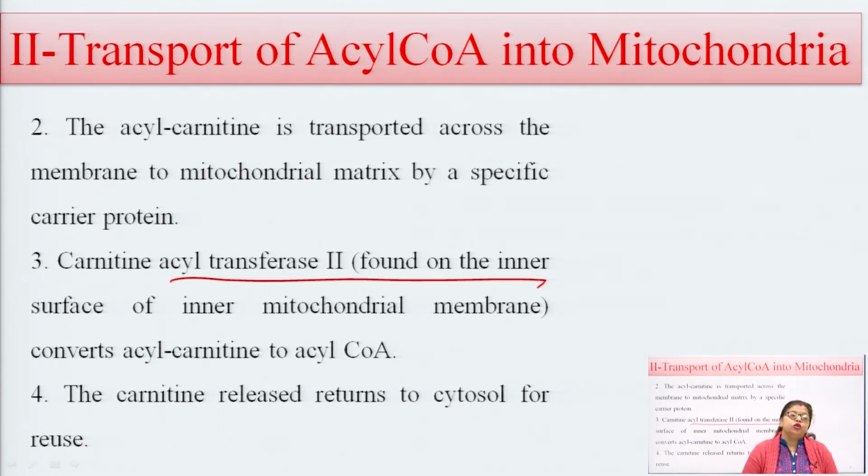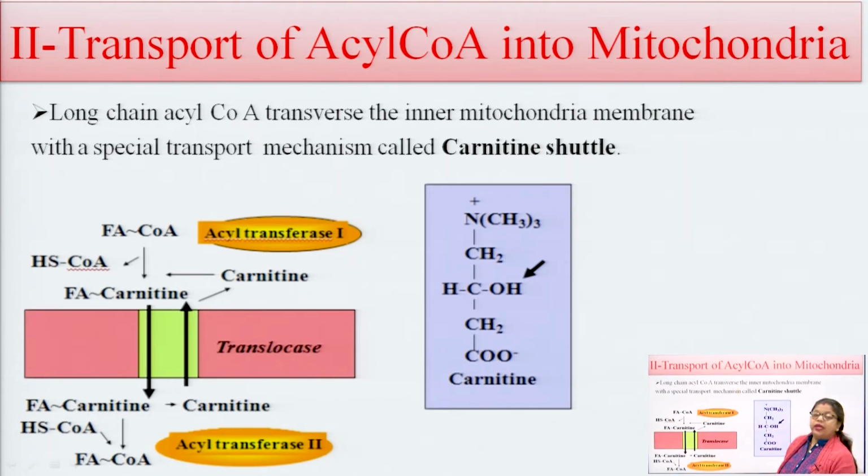That is why we use carnitine as a carrier for the transport of the acyl group of activated fatty acid from the cytosol to the inner mitochondrial matrix. This is also clear because long chain acyl coenzyme A is transported from the cytosol to the inner mitochondrial membrane by a special transport system, known as the carnitine shuttle, which helps transport the acyl group of activated fatty acid into the mitochondrial matrix.